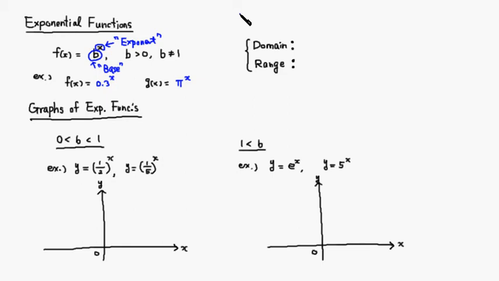Domain and range are fairly easy. Since we can plug in any real number we want for x, the exponential function has a domain of all real numbers, negative infinity to positive infinity. The range is not all real numbers, since no matter what number we plug in, we cannot make a negative value or 0.